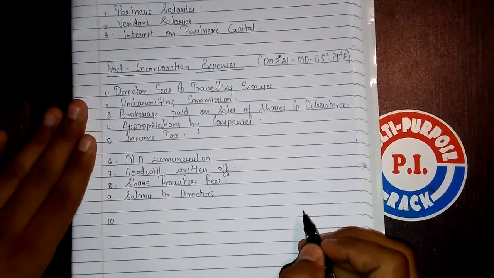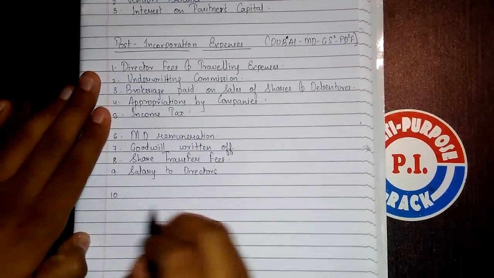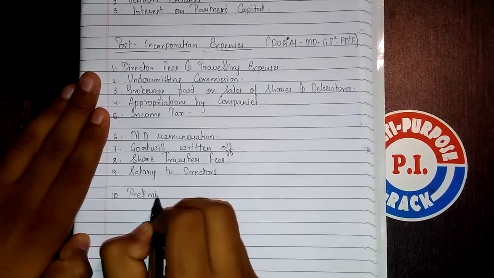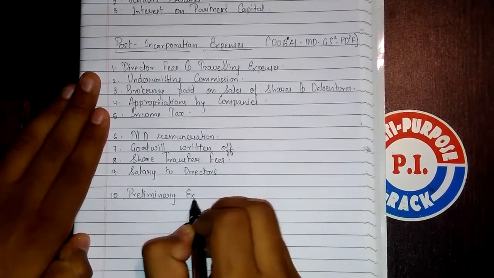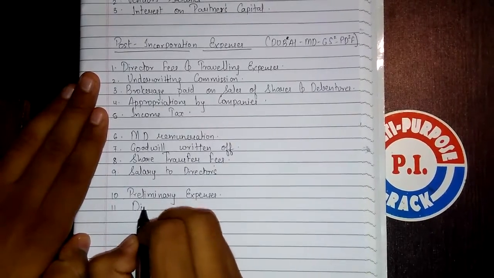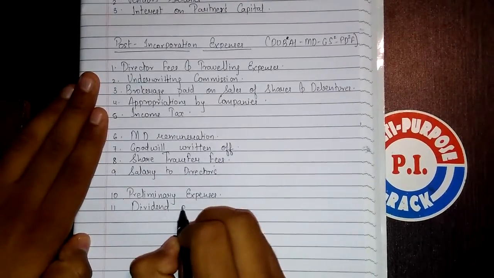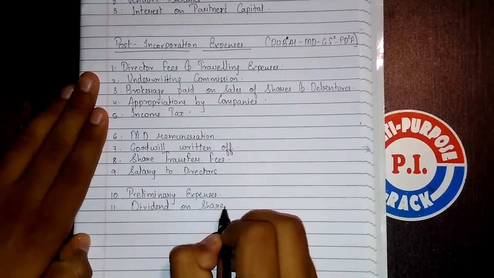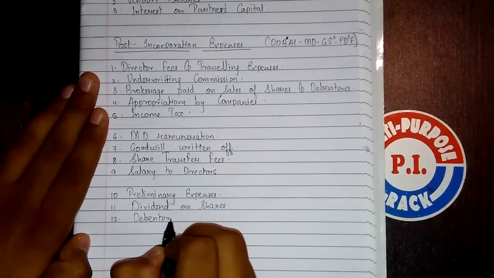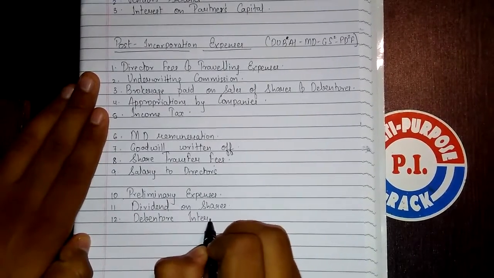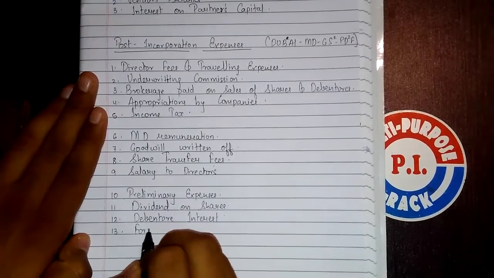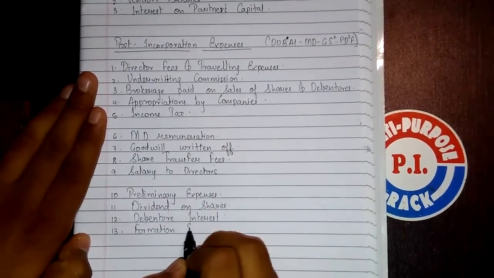Tenth, preliminary expenses. Eleventh, dividend on shares. Twelfth, debenture interest. Thirteenth, formation expenses.